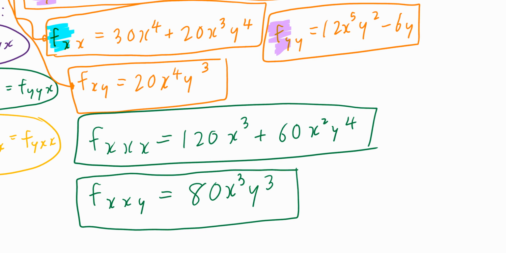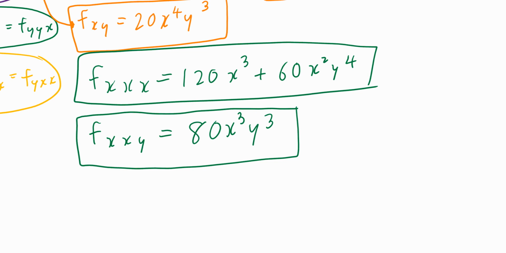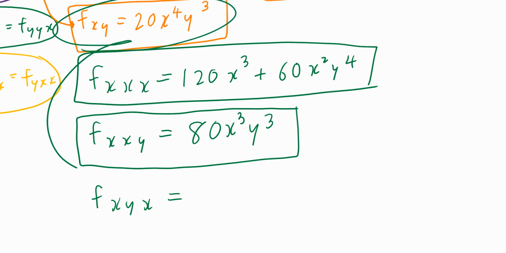The moment is here. I'm moving on to f_xyx. Again, this means I'm taking the derivative of f_xy with respect to x. So again, y to the power 3 is going to be a constant.